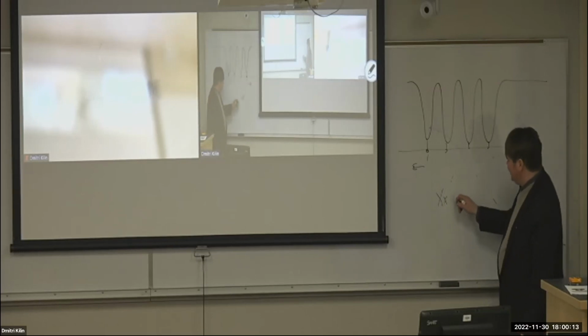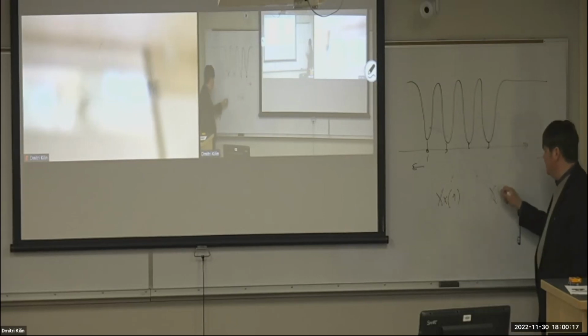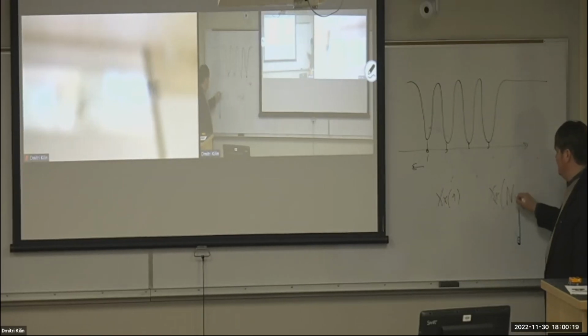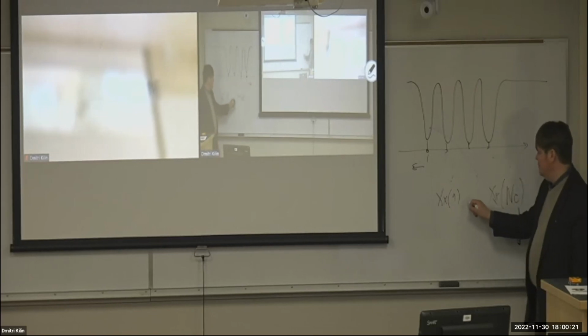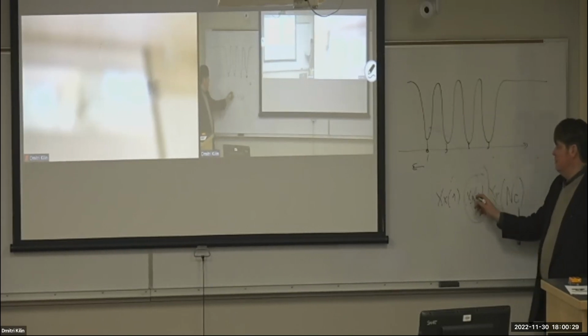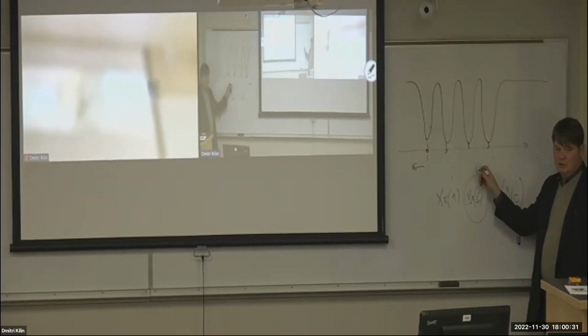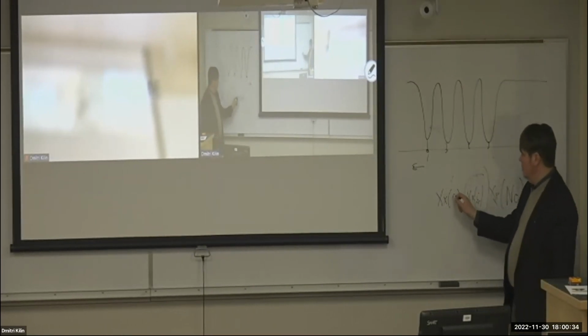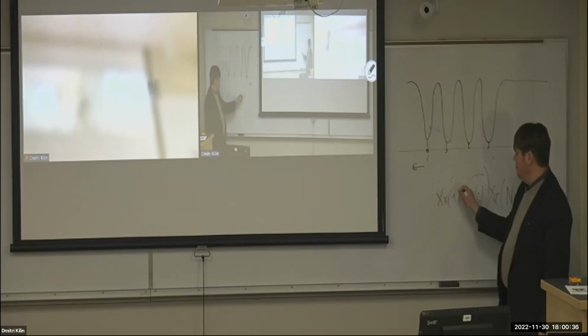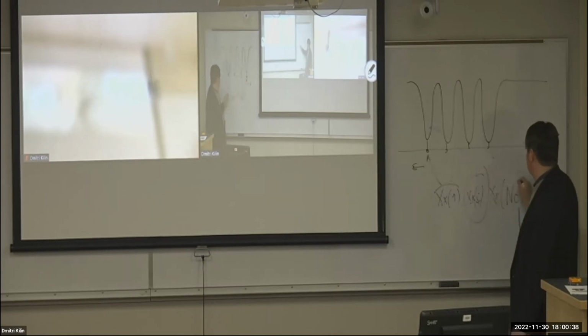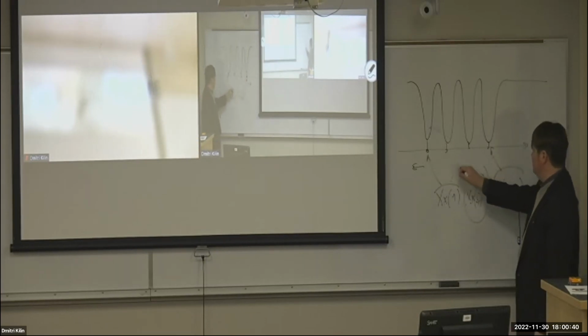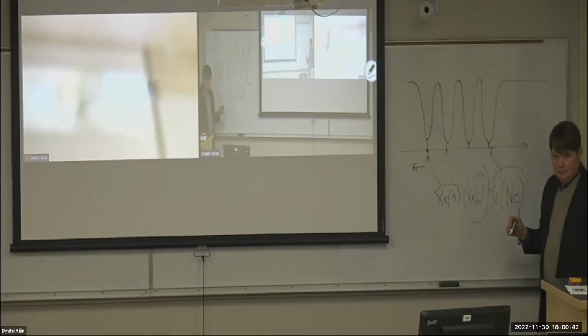Array XX has values XX first, XX of number of centers, and then intermediate values, which we can label with a variable and make a cycle to label. So array XX, this value will show the first, this one will show the last, and then there will be so many in between.